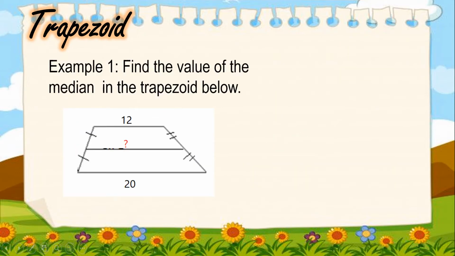Let's have an example. Find the value of the median in the trapezoid below. As you can see in the given figure, the length of base 1 is 12, while the length of base 2 is 20. We have learned that the median is equal to 1/2 the sum of the two bases, or base 1 plus base 2.